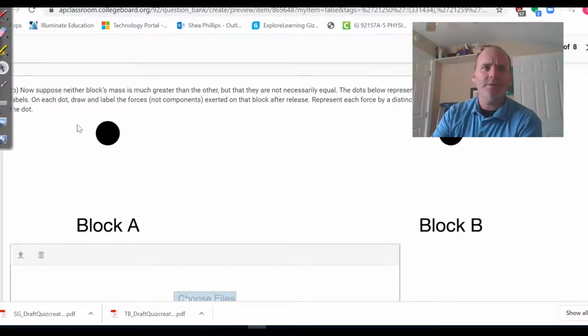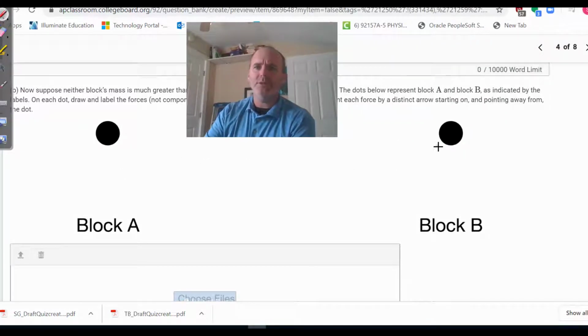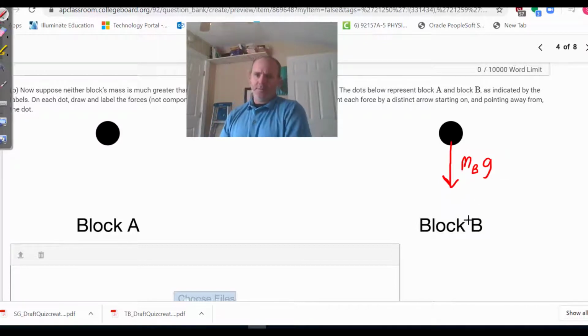Okay, so let's do the free body diagram. Let's do block B first. For block B, we have the weight of block B going down, but we also have a tension force going up.